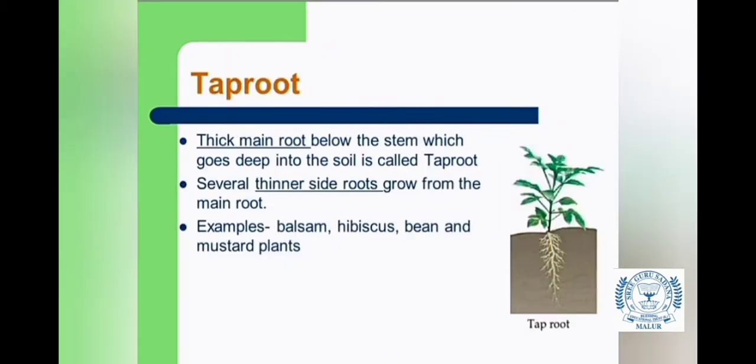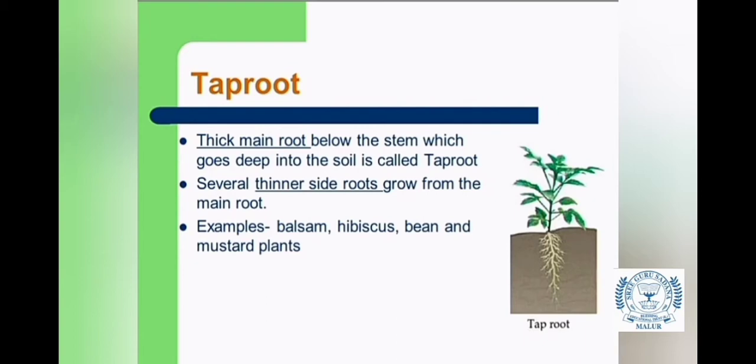Let us see what a taproot is here. The thick main root below the stem which goes deep into the soil is called the taproot. Several thinner side roots grow from the main root. The main root is inside the ground.